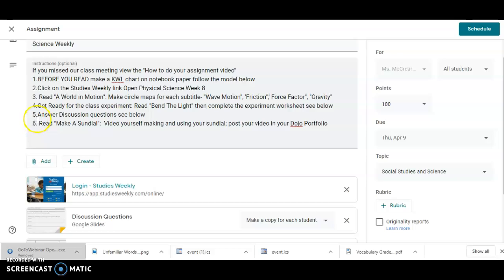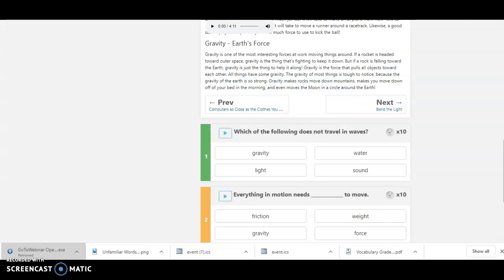Next, we're going to get ready for our class experiment. On Wednesday, I'm going to demonstrate this experiment to you during our class. So let's take a look at it. You're going to read Bend the Light and then complete the experiment worksheet. But first, let's look at it.